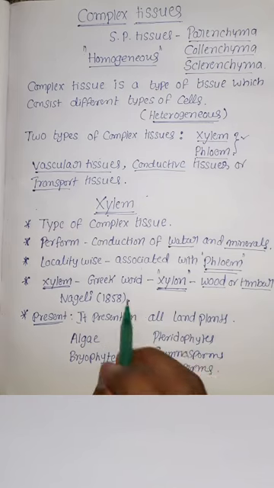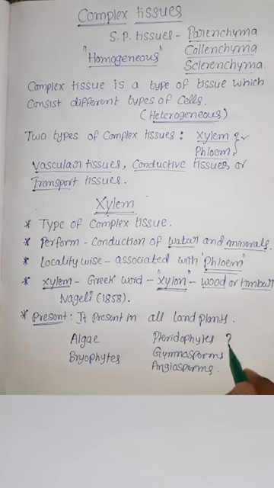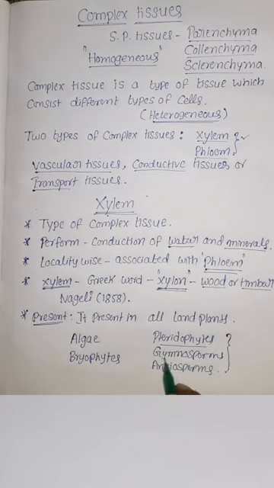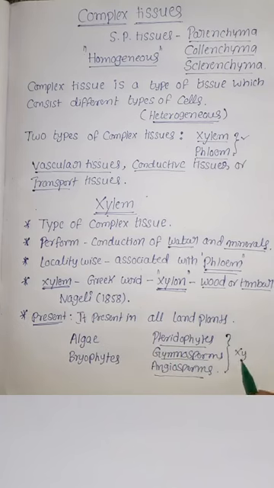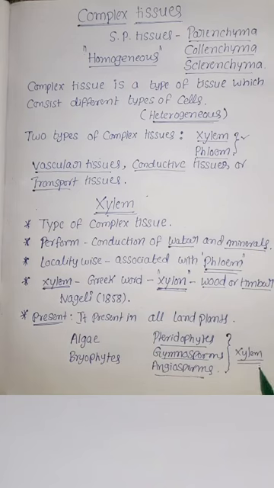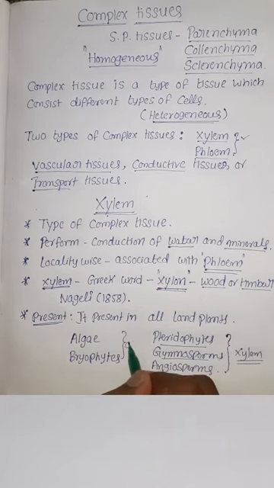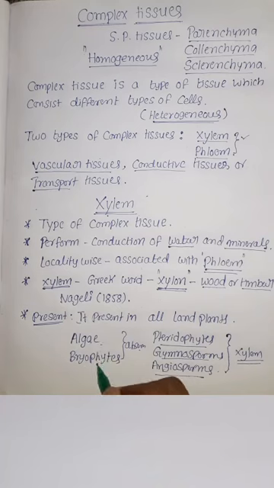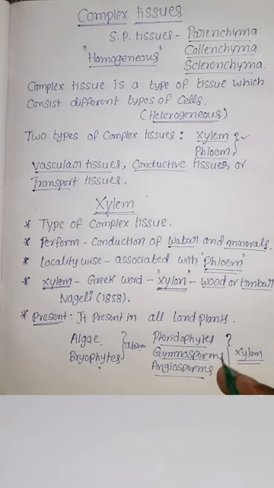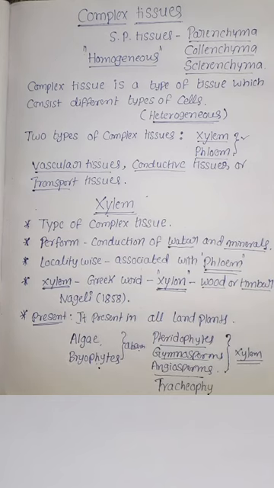Xylem is present in land plants: pteridophytes, gymnosperms, angiosperms. Xylem is absent in algae and bryophytes. Since xylem is present in pteridophytes, gymnosperms and angiosperms, these three are collectively called tracheophytes.